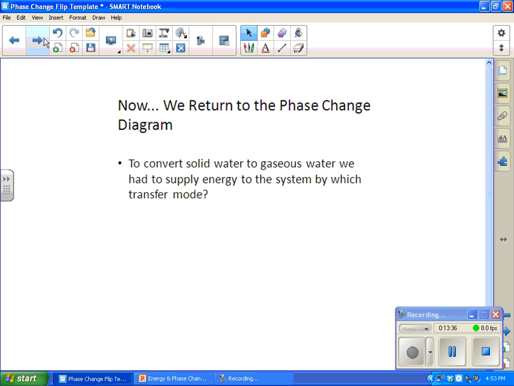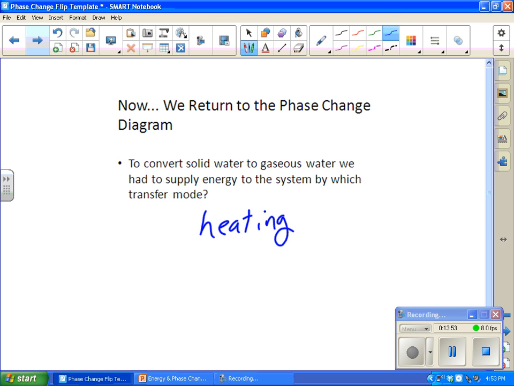Now let's return to the phase change diagram. First of all, to convert solid water to gaseous water, we had to supply energy to the system. By which transfer mode was that? You should all be saying heating, with that ing on the end, and the letter that we used to represent heating, again, was the letter Q. Hopefully you all got that.